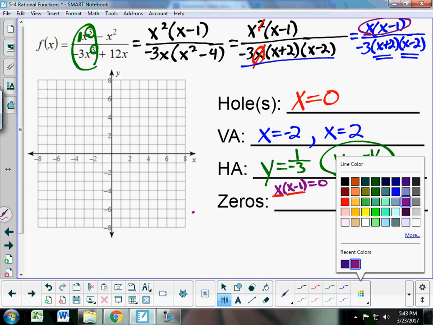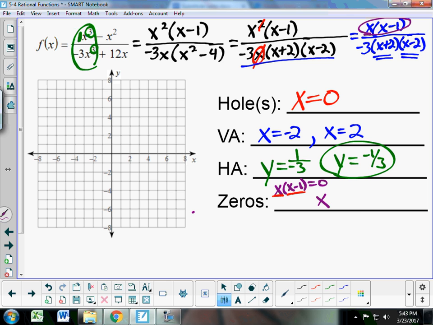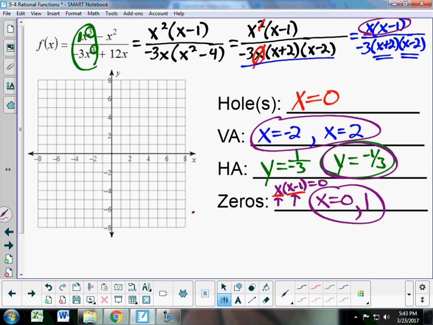So from the x, if you set that equal to 0, you just get x equals 0. You set x minus 1 equal to 0, you get 1. So we have two zeros. We have a horizontal asymptote at y equals negative 1/3. We have two vertical asymptotes. And we have a hole at x equals 0.